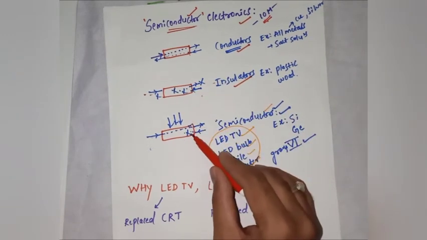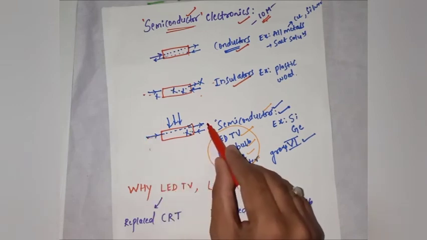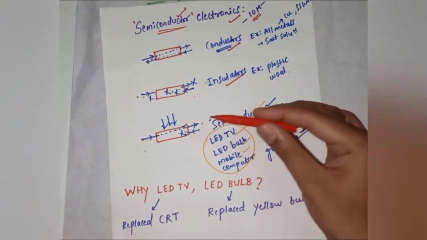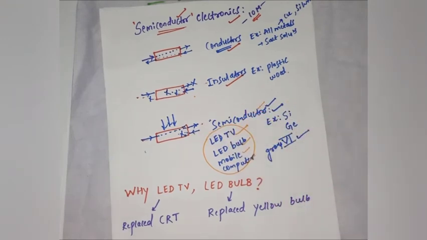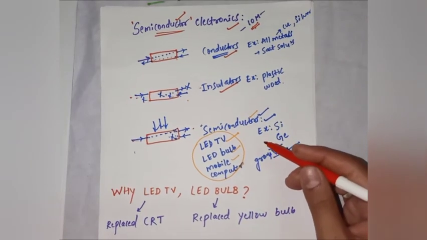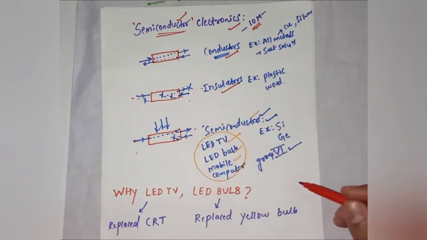Now semiconductors you studied, the current can flow in this particular direction, but in the reverse direction it is not allowed.